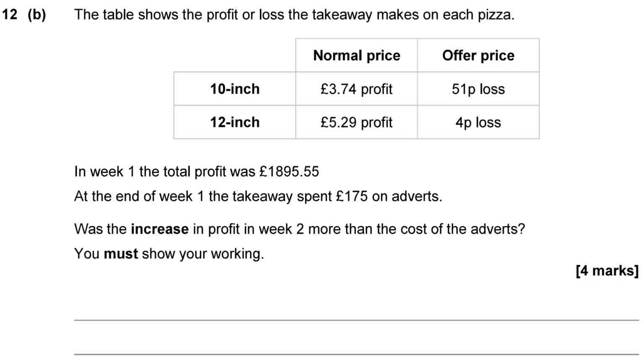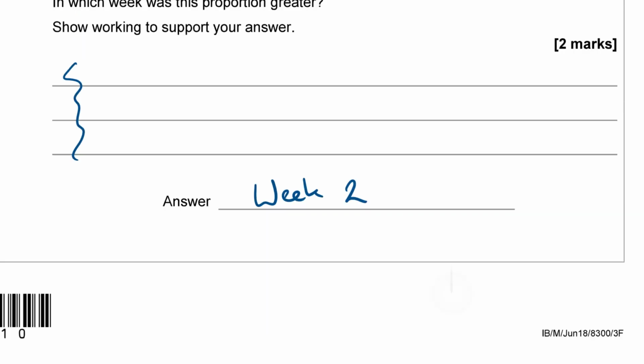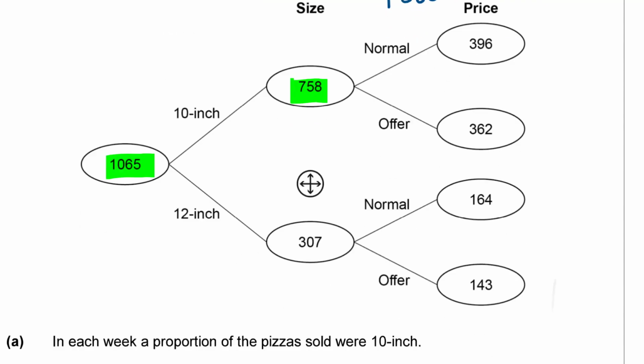Okay, so this is actually quite a complex question. We need to go back and look at this frequency tree and use it to work out exactly how many pizzas we sold of each type, and then work out all the various profits and losses. Let's have a look at the 10-inch pizzas first of all. We sold 396 at normal price and 362 on offer price.